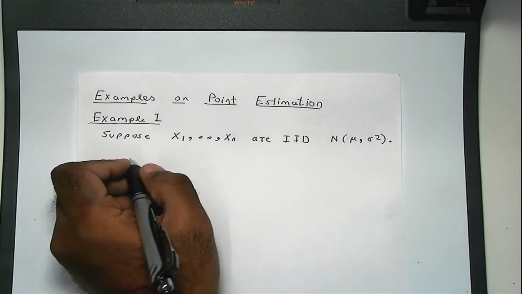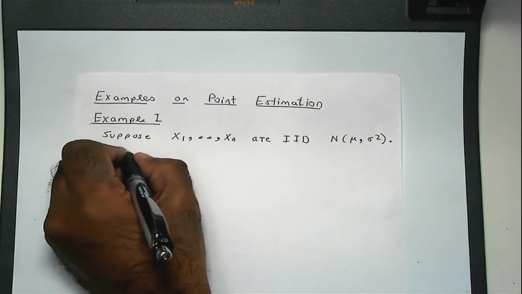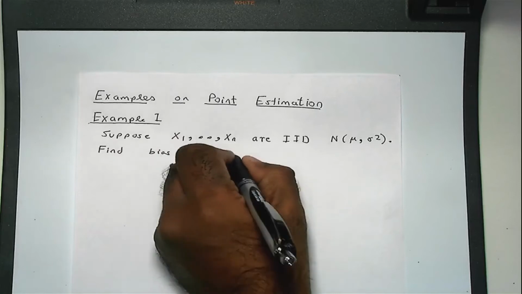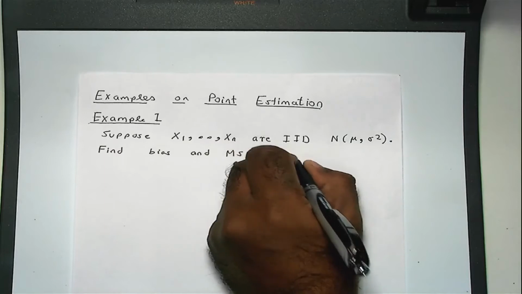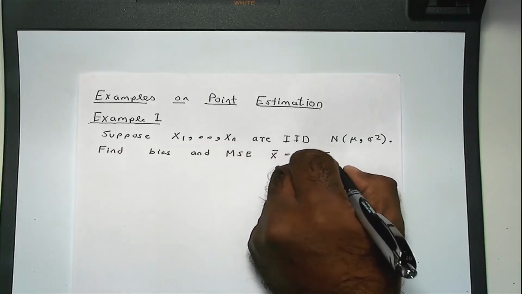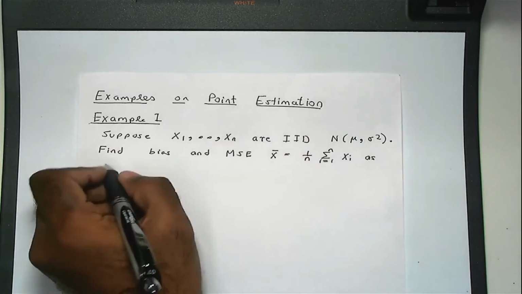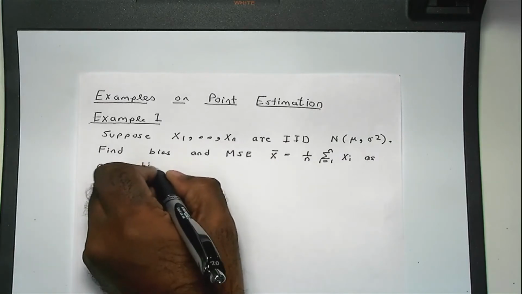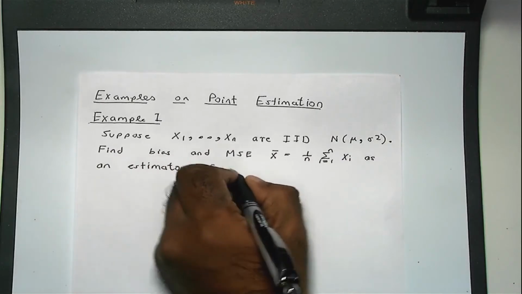Now the question is to find the bias and MSE of x bar, which is the sample mean, as an estimator of mu.